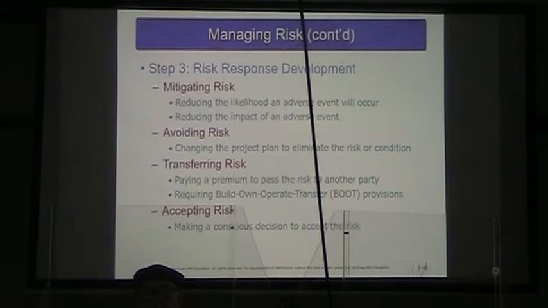We can pay a premium to pass the risk to another party. This is the idea of insurance in one way or another that allows us to say, if this fails, we are going to get somebody else to pay.